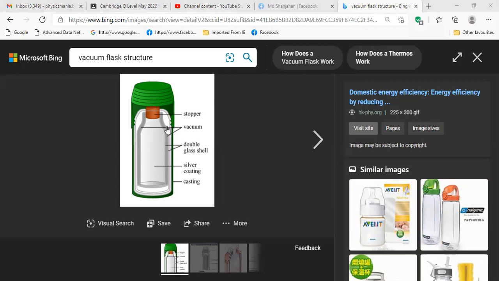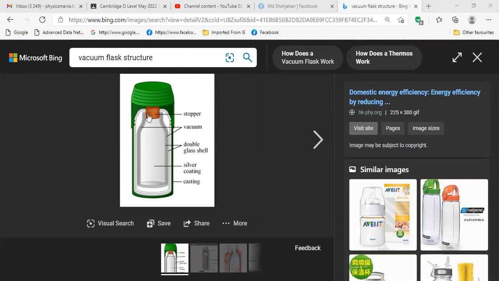You see, here we have a stopper, right? Normally it is made from plastic or rubber. So it is also an insulator, and this stopper is fixed in a way that when you close it, it is almost airtight, right?